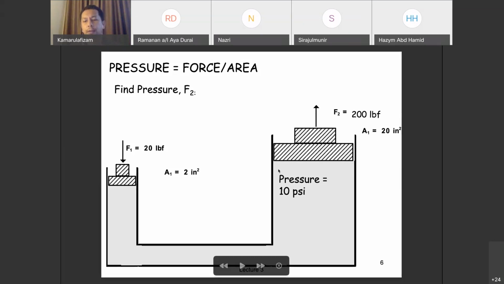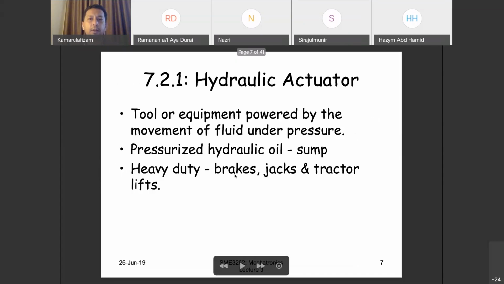Alright, this is the very basic of pneumatic and hydraulic punya working system lah, dia punya theory behind pneumatic and hydraulic. Alright, so now the first one, kita masuk kepada hydraulic punya actuator.